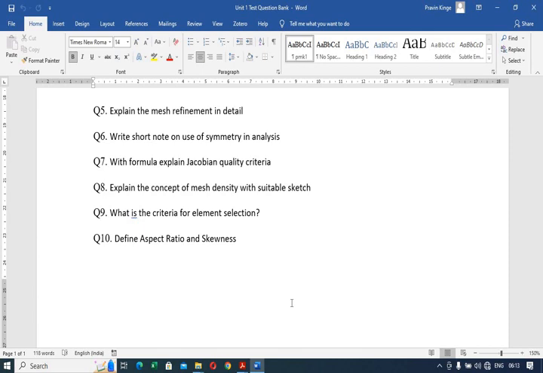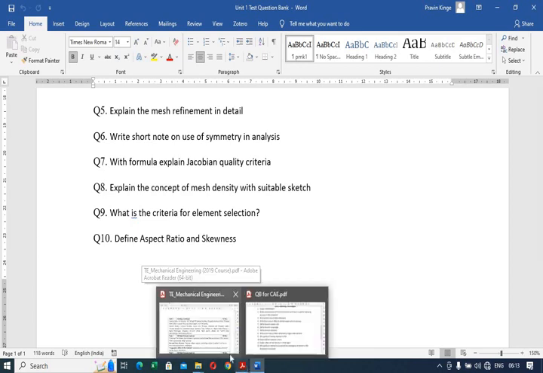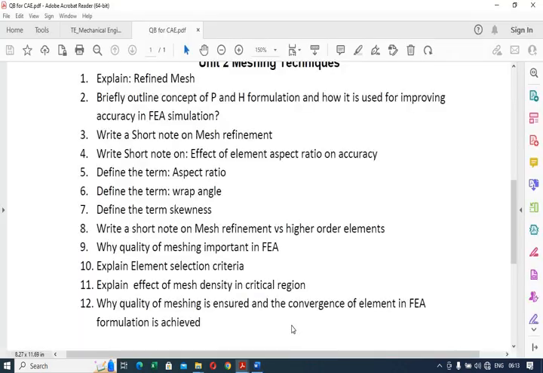Then two of the properties you can explain: define aspect ratio and skewness.